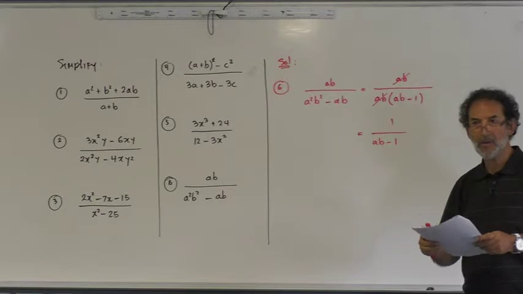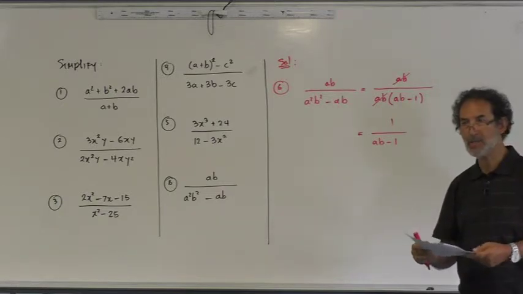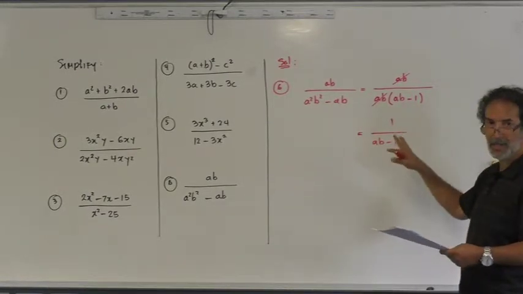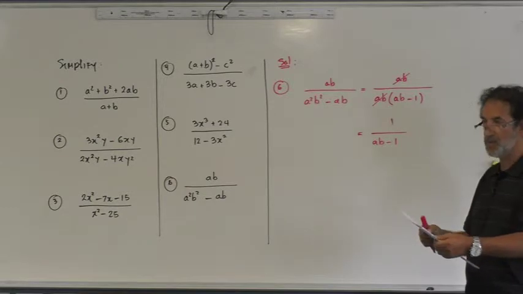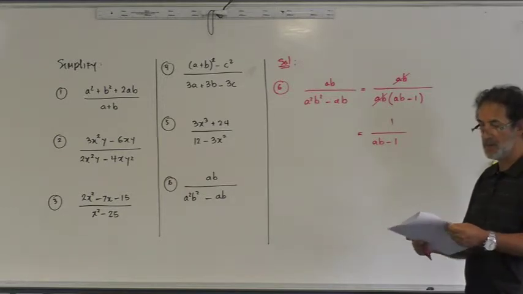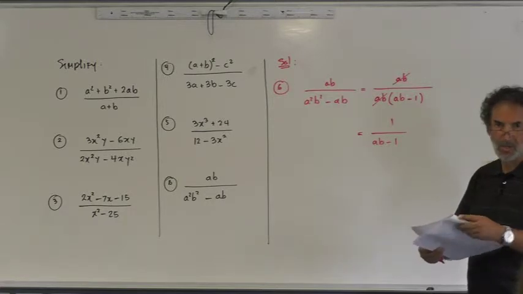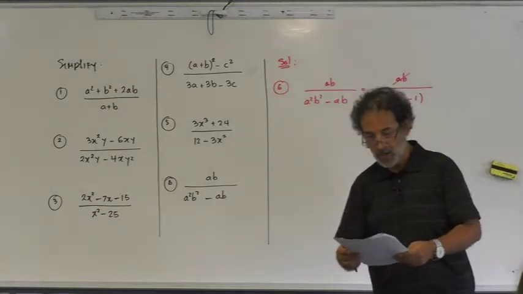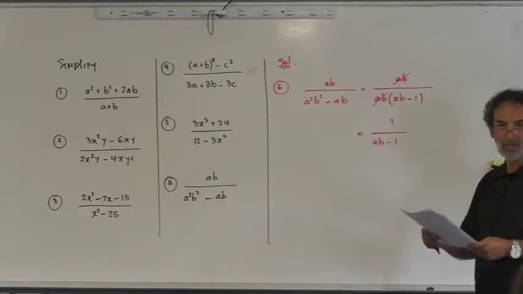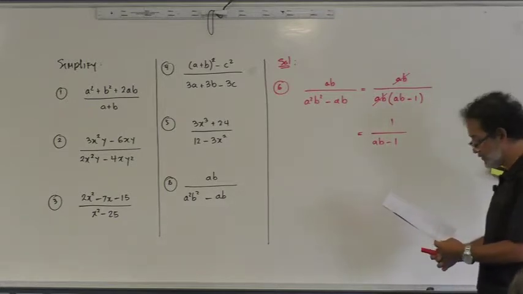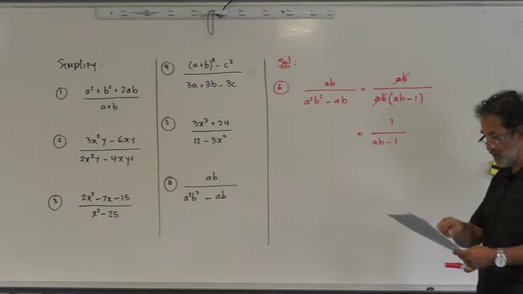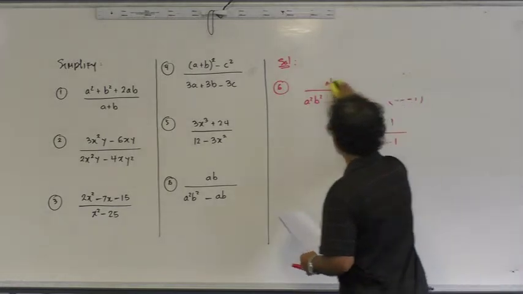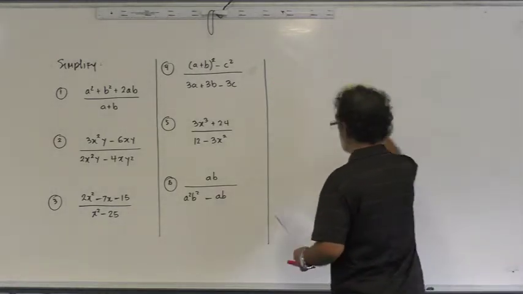You're going to do every second question, the odds, from 1 to 30, but excluding the ones that we have done already. So you're going to skip them. All right, so that's all you need to know when simplifying fractions.